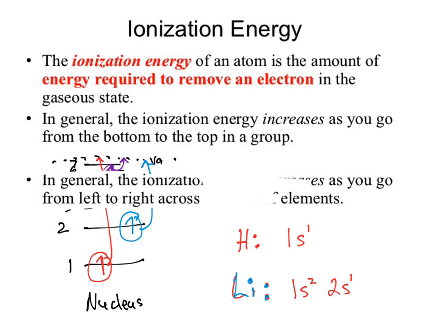Well, based off of this, what would we expect our ionization energy to do? So we'll start again with lithium. We'll do it in blue. We have 1s2, 2s1. What's the other element you want to use? Problem with sulfur?